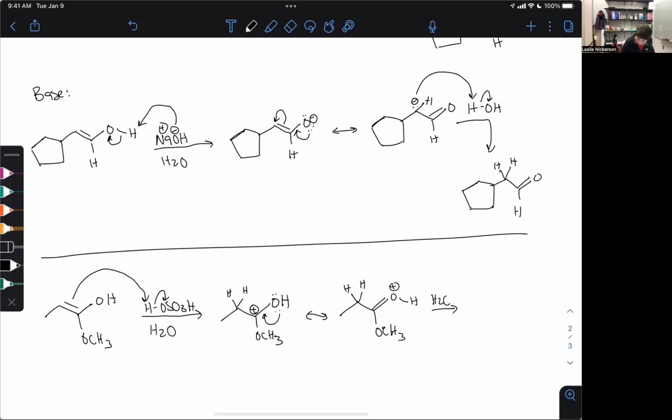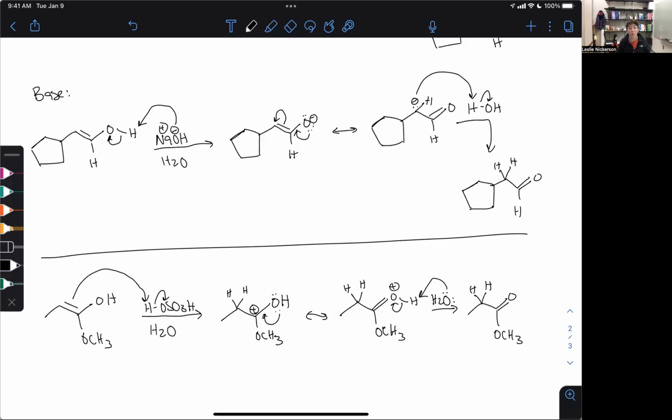And then we can deprotonate to get to our ester in this case.